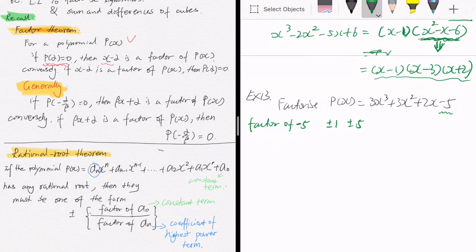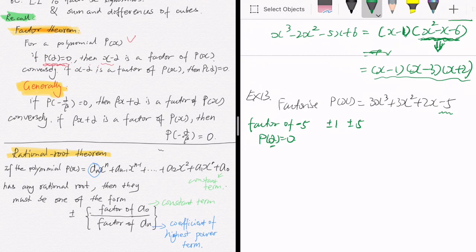Okay, so now we're going to try all of these according to the factor theorem. Because the factor theorem says p of alpha equal to 0, then x minus alpha is a factor. All right, so now we need to find which one will make p of alpha equal to 0.